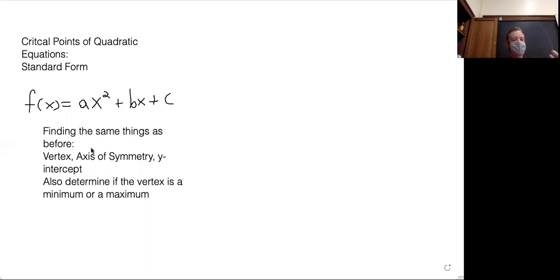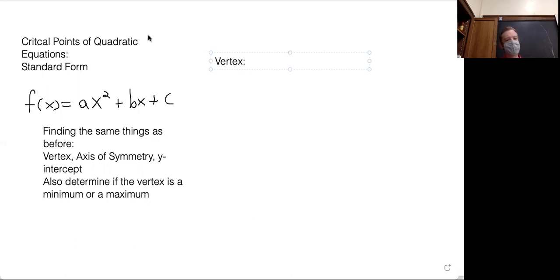So when we want to calculate these, the vertex in this form is the one that actually needs the most work in order to calculate. So for the vertex here, we actually have a formula.